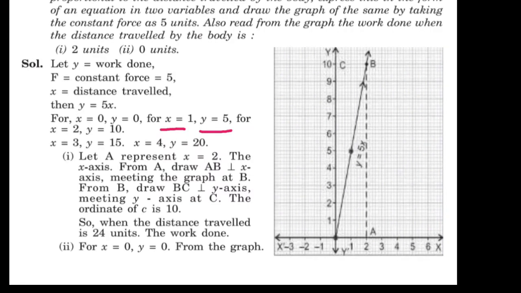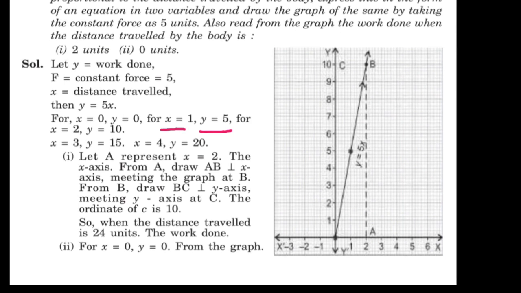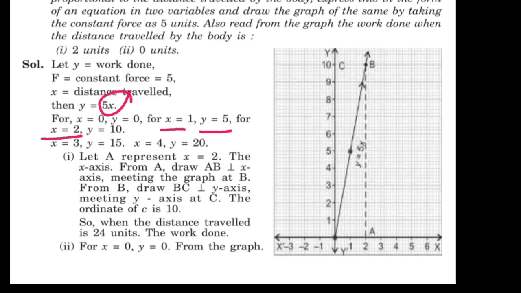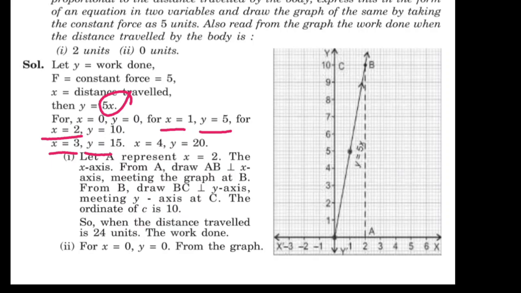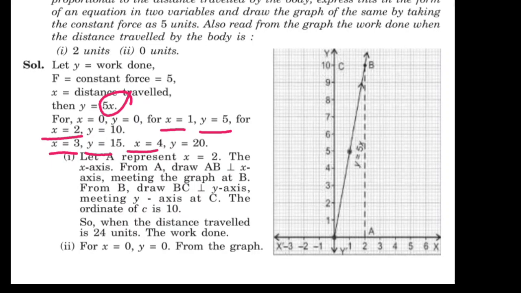If we put x equals 2, then it becomes 5 twos are 10. If we put x equals 3, then 5 threes are 15. Now if x is 4, then y equals 20.